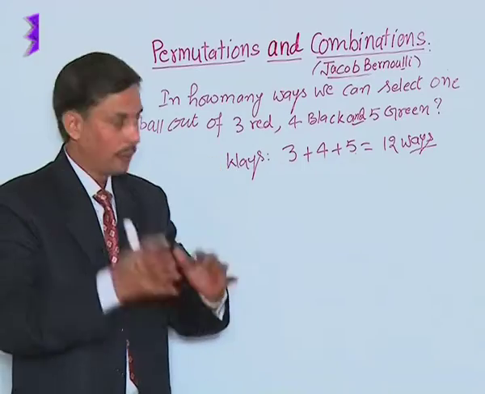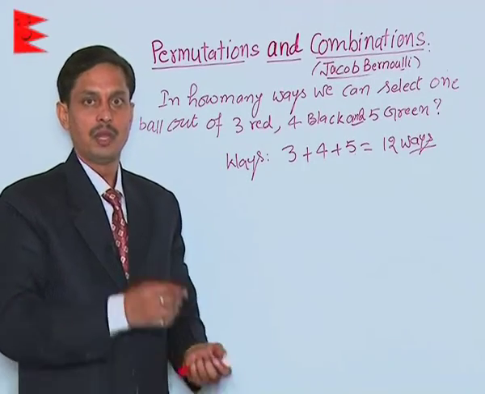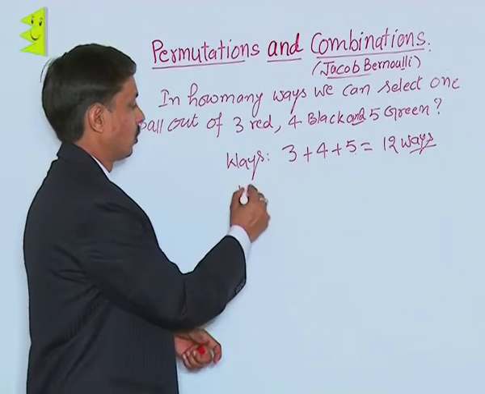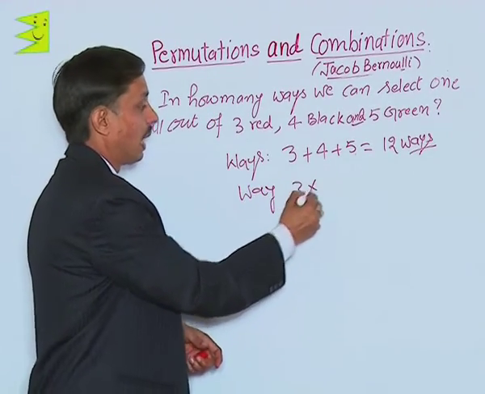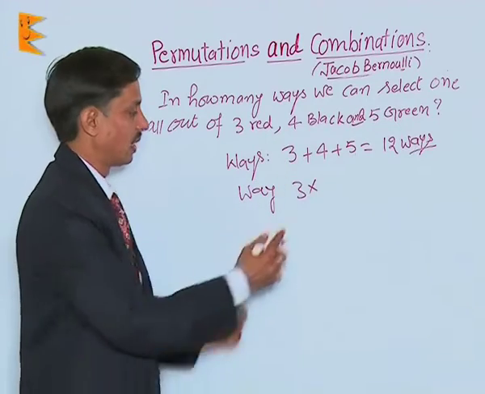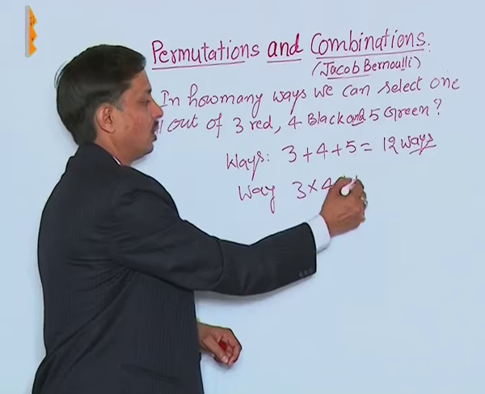Suppose I extend this question: if you want to select 3 balls, one of red color, that is 3, and one out of 4, that is black, that means into 4, and one of green, that is into 5.